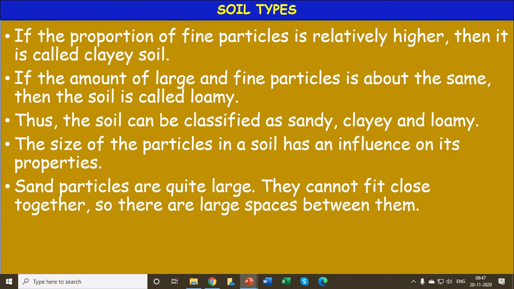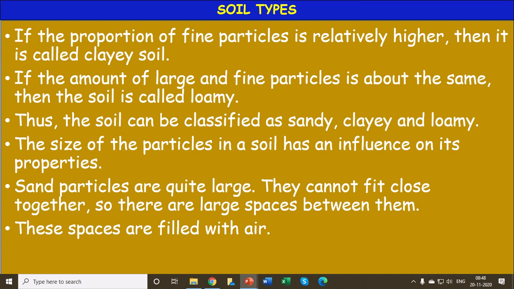They cannot fit close together, so there are large spaces between them. In the properties of soil, large intercellular spaces are present in the soil with the sand particles because they are large in size.